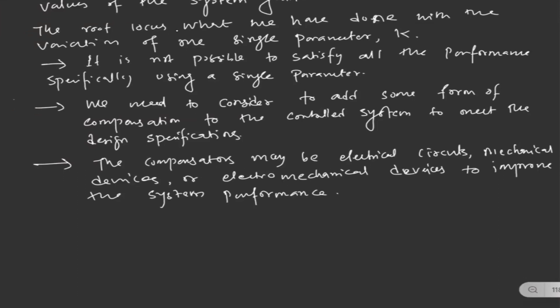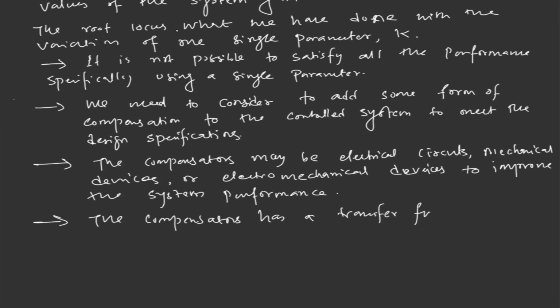So basically, the compensator has a transfer function which adds poles or zeros to the system.